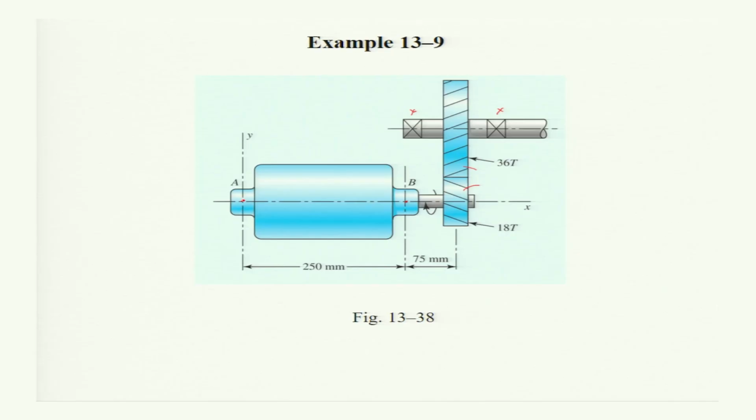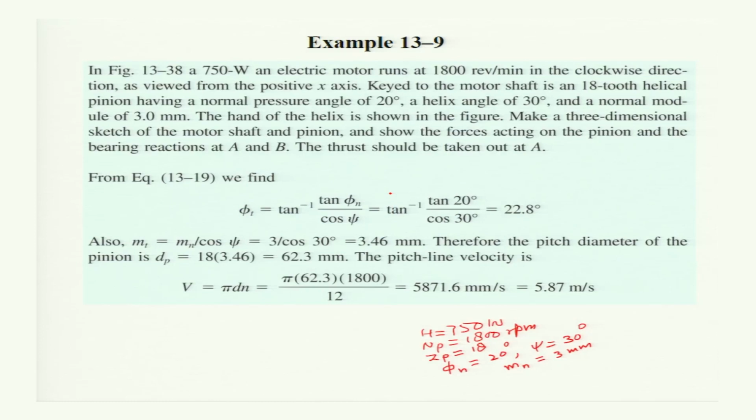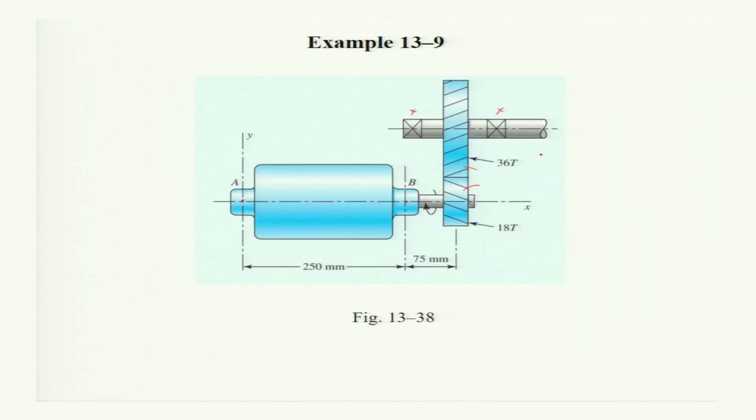Among bearings A and B, one should take the thrust load. So, A will take the thrust load.